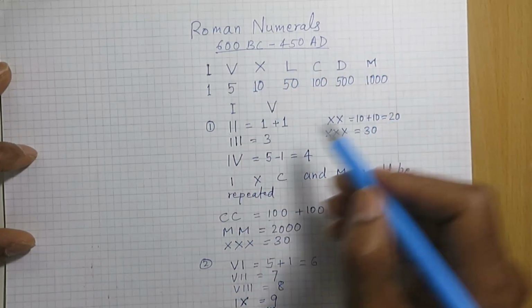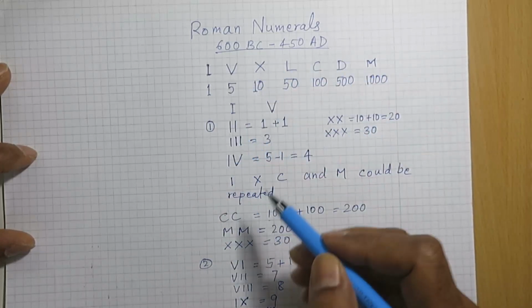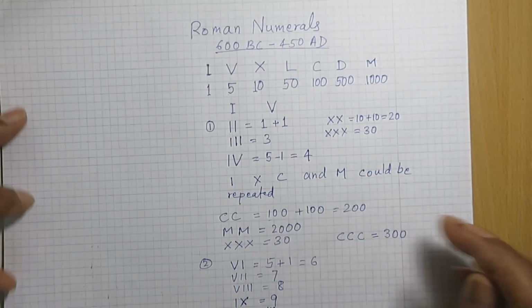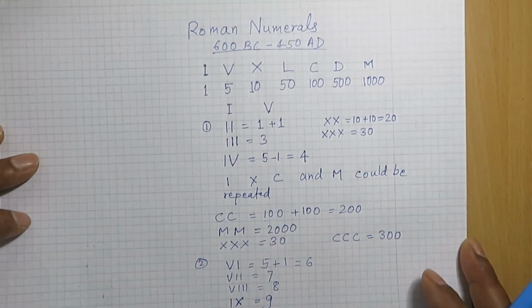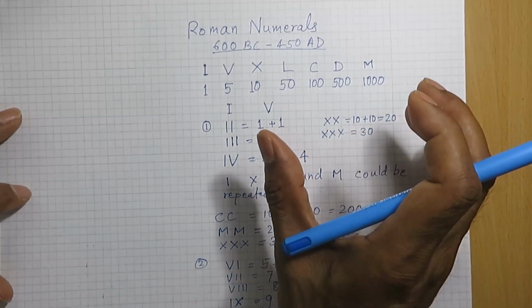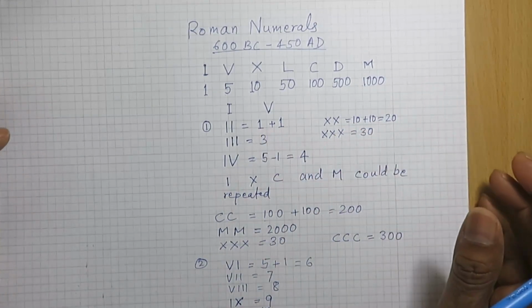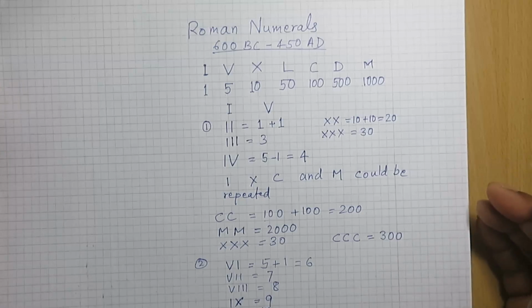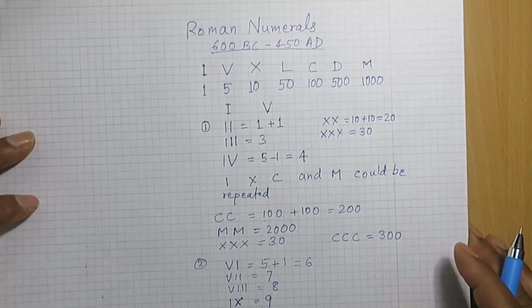Using these and these 3 rules, we can make any number. But one problem is that the numbers will be very, very large, and there are no rules for how we can do subtraction or addition between two large numbers.